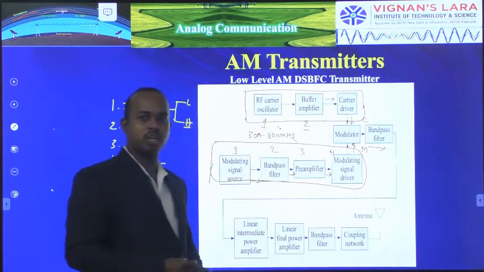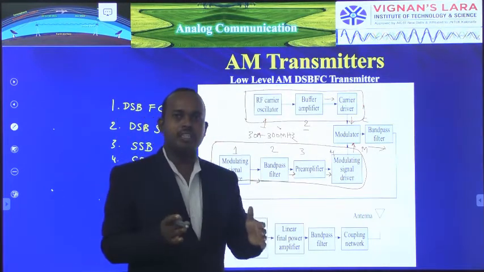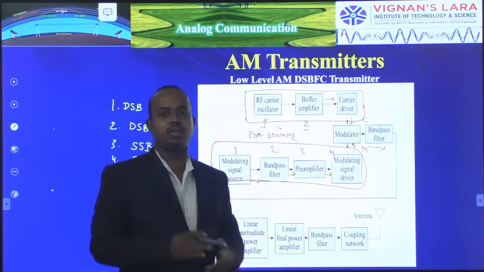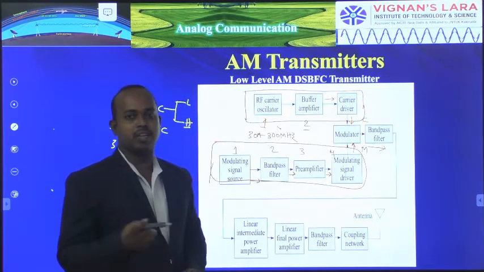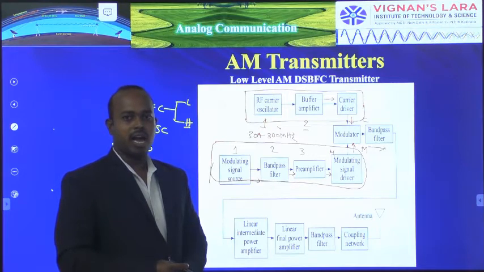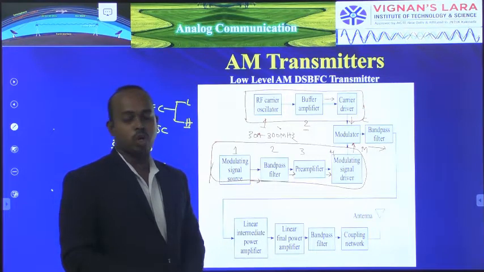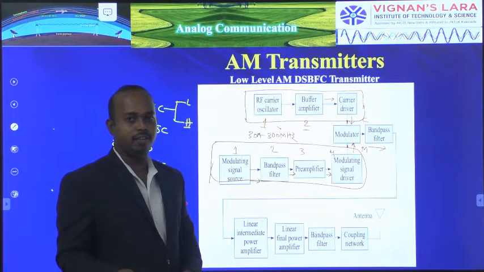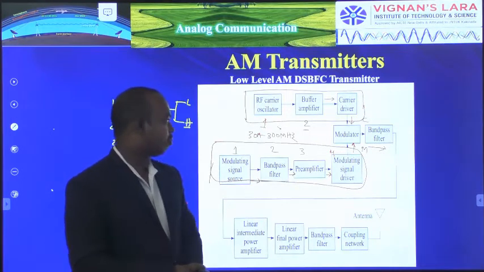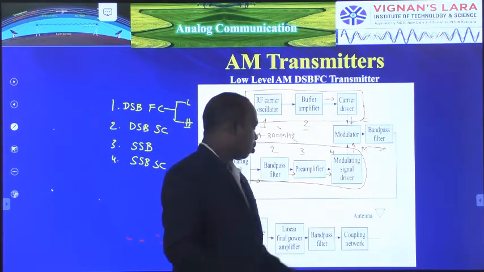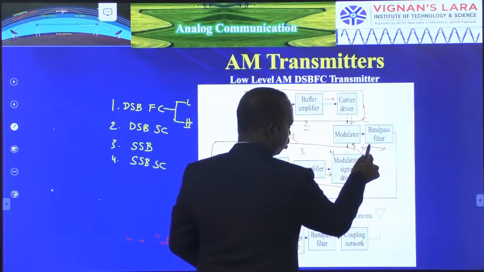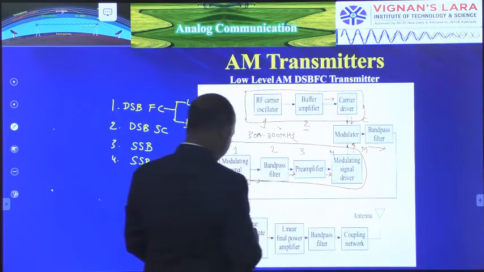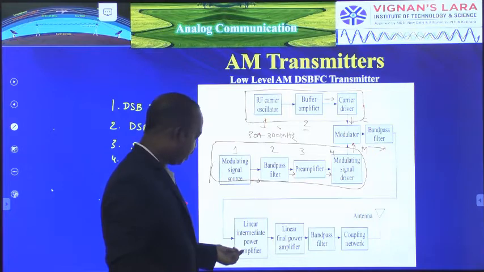Here the band pass filter eliminates whatever is beyond the limit of your significant band. Whatever quantities are beyond your significant band are completely eliminated by this band pass filter. Once we give the input to the band pass filter, the output is assigned to the linear intermediate power amplifier.